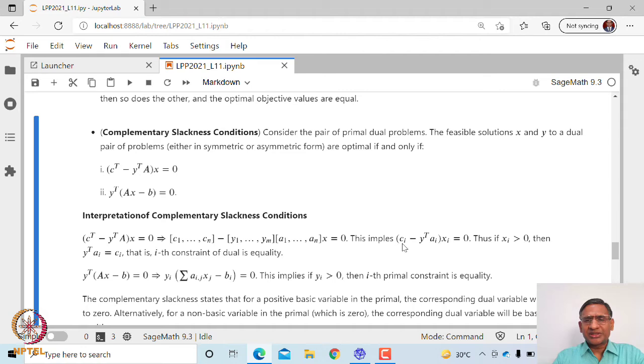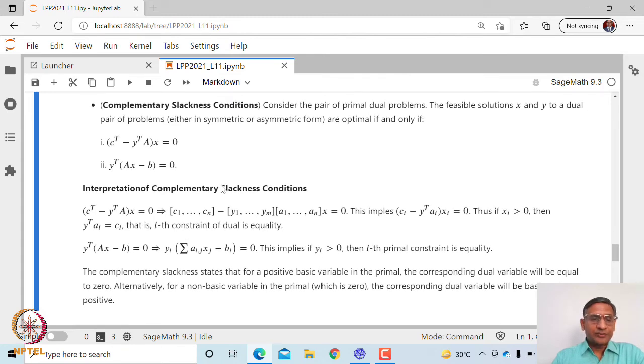Now what is Ci minus y transpose Ai? This is nothing but the ith constraint of the dual problem, right? So it says that xi times the ith constraint, when you bring the right hand side to the left hand side, is equal to 0. So if xi is positive, then this coefficient, Ci minus y transpose Ai, must be 0. That simply says that if xi is positive, then the corresponding ith constraint in the dual will be satisfied as an equality.